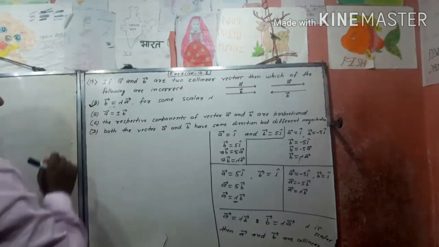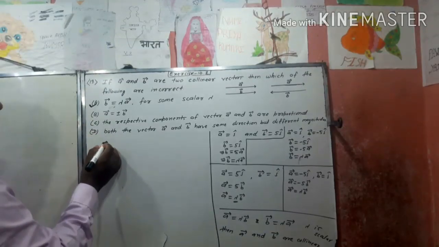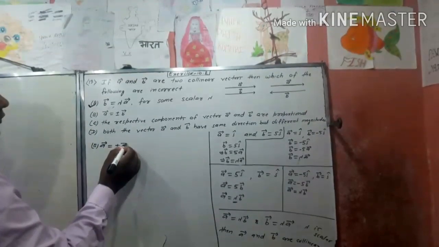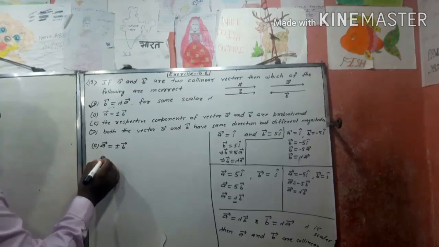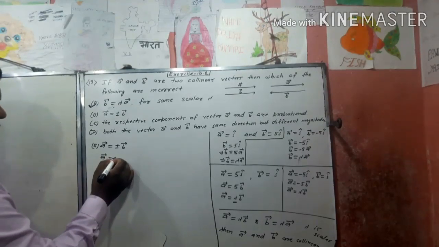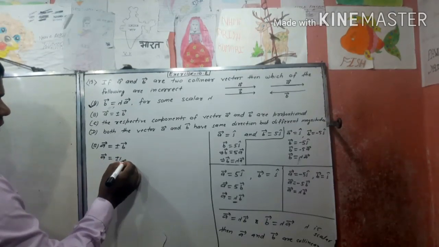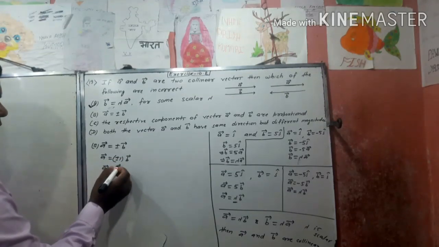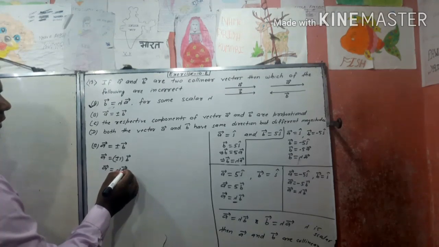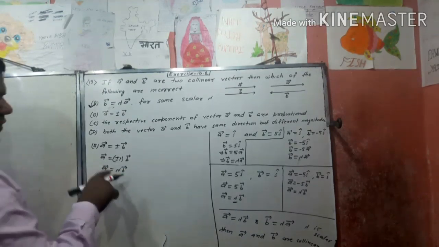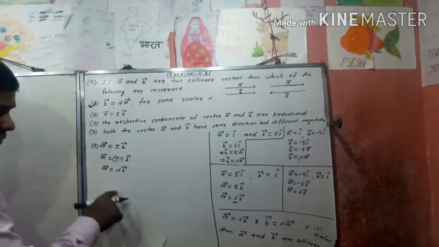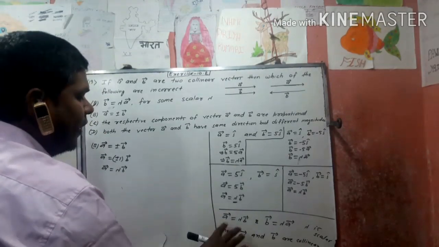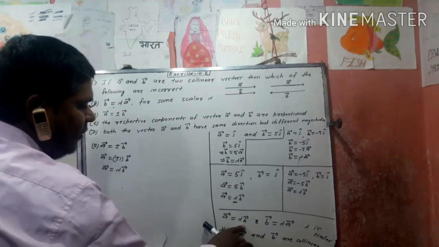We see option B, A vector is equal to plus minus B vector. It means A vector is equal to plus minus 1 times B vector. A vector is equal to lambda of B vector. We have read just now, A vector is equal to lambda B vector.